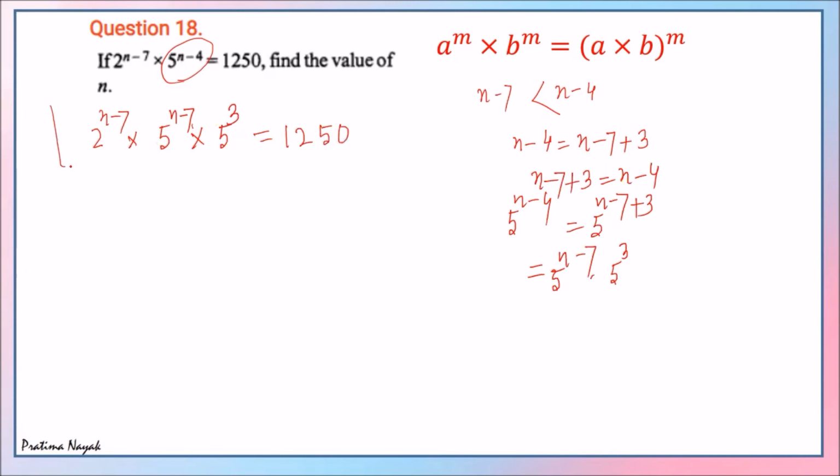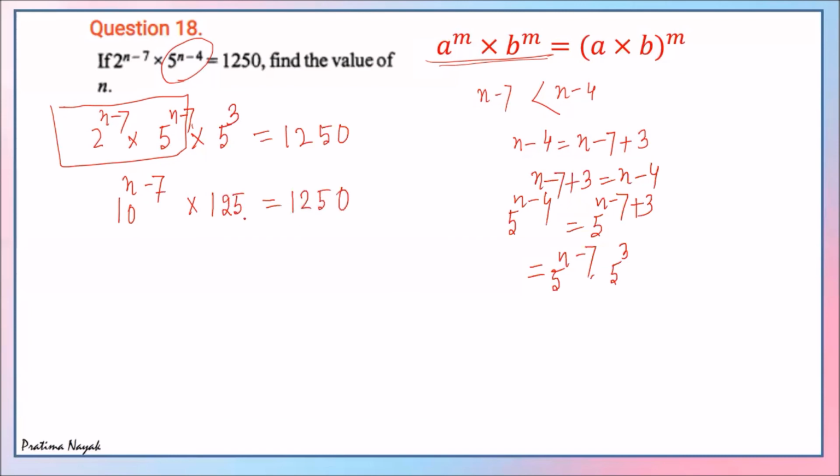Now I'll combine these two with this formula. The base will be multiplied because now they have the same exponent. So this will be 10 to the power n minus 7. And how much is this? 5 to the power 3, it is 125. So this is equal to 1250.